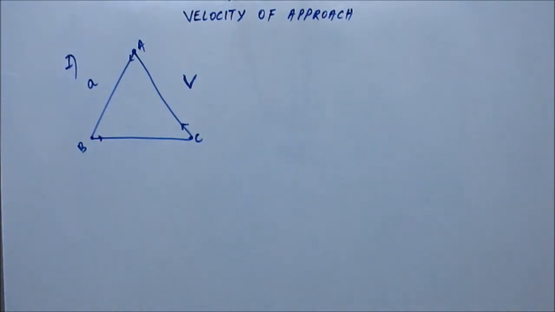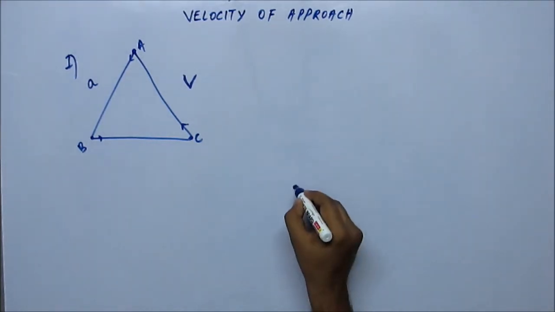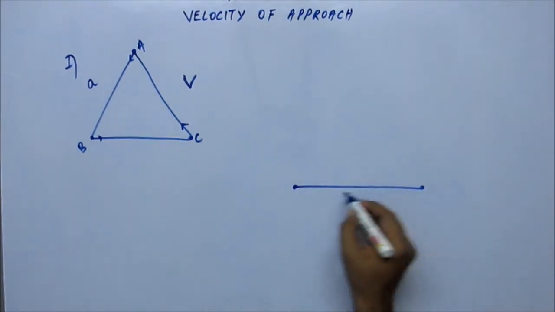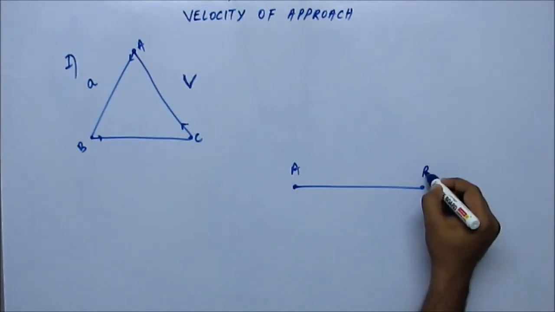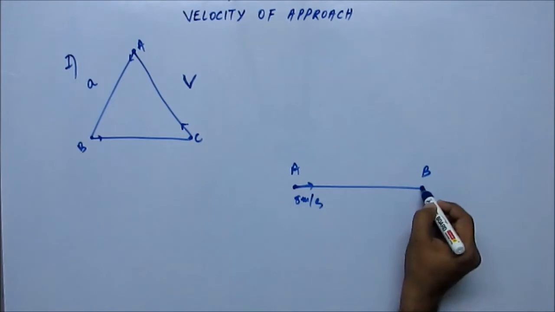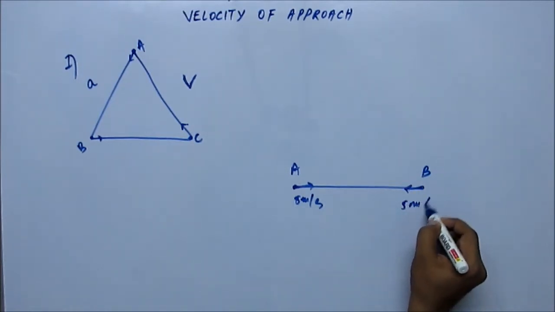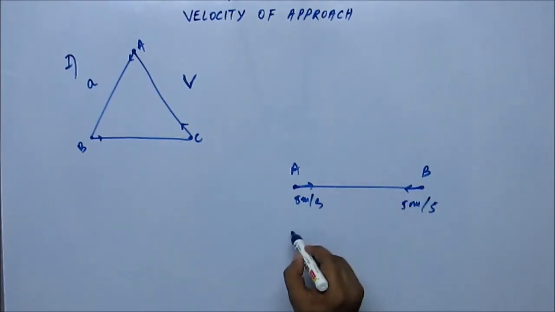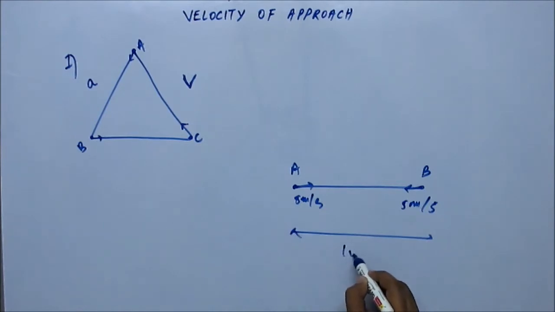So we are going to use the concept of velocity of approach here. To understand that, let's consider two particles, A and B. A is moving with 5 meters per second and B is moving with 5 meters per second, and the distance between A and B is 10 meters.